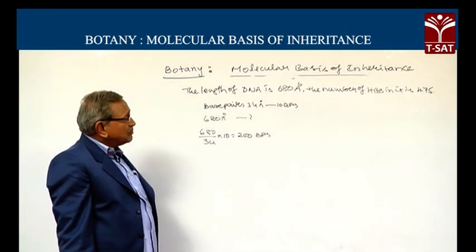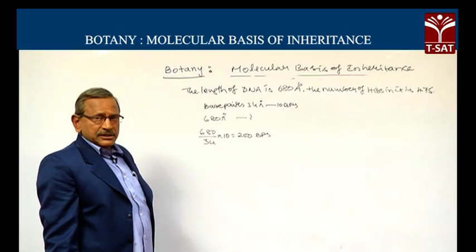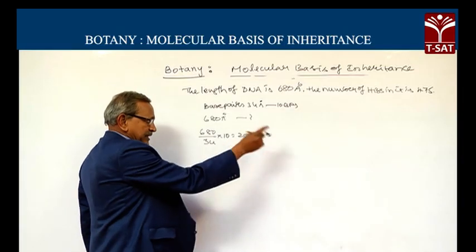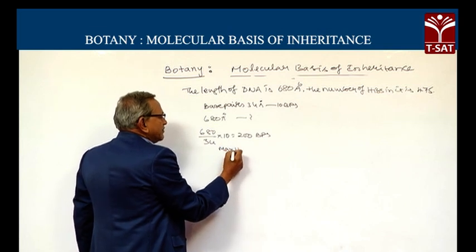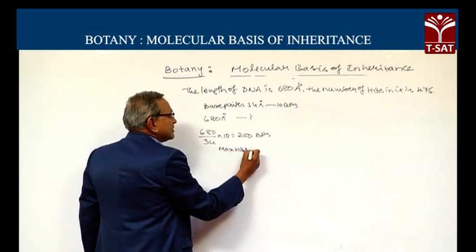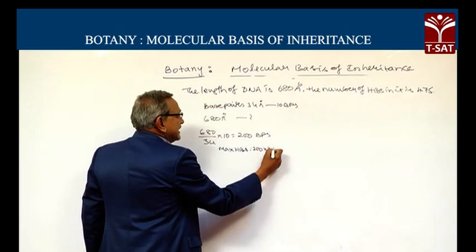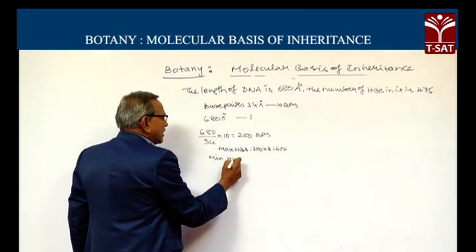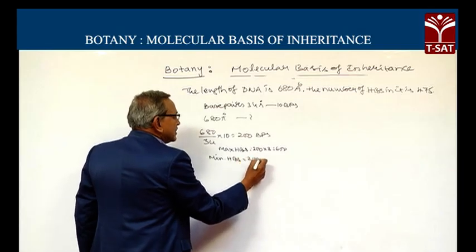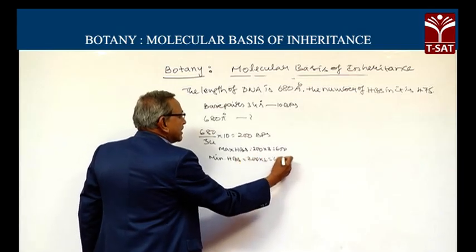What is the maximum possible number of hydrogen bonds? Maximum H bonds 200 into 3, 600. Minimum H bonds 200 into 2, 400.